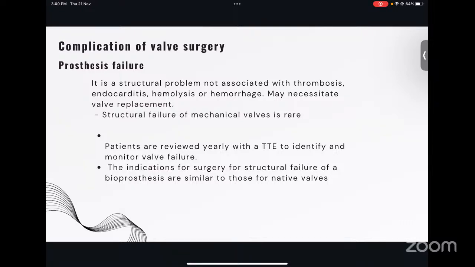A bioprosthesis lasts longer in the aortic position and in older patients than in the mitral position and in younger patients. Patients should be reviewed yearly, either by the cardiologist or by us, with transesophageal echo to identify and monitor valve failure. The indications for surgery for structural failure of a bioprosthesis are similar to those for a native valve.